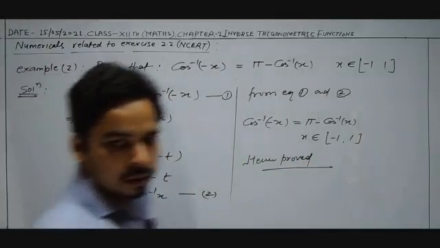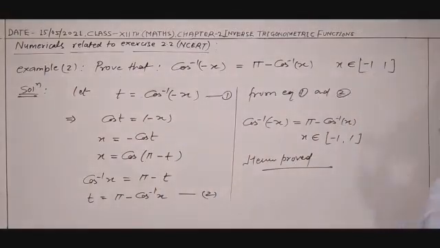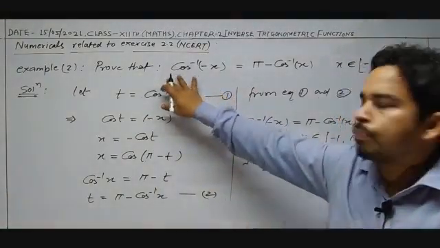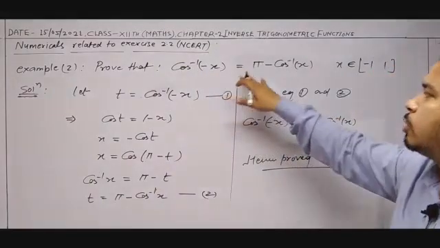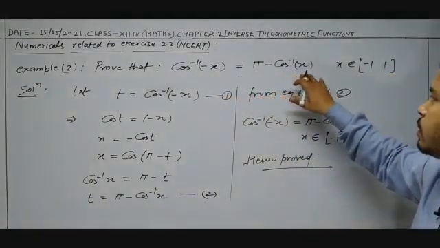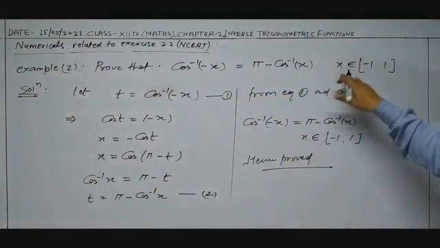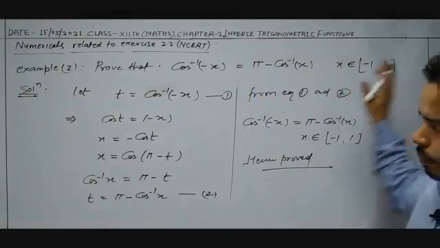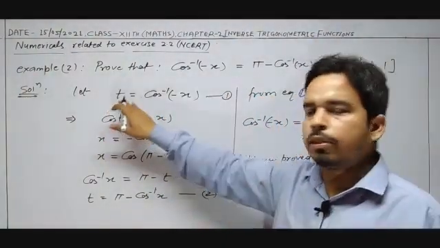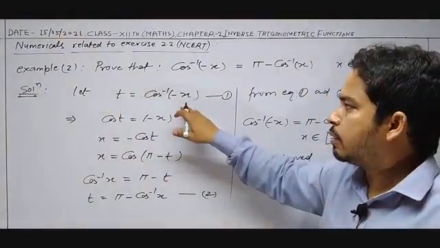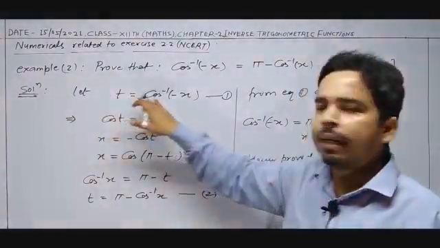So again, see the proof. You have to prove that cos inverse of minus x is equal to pi minus cos inverse x, such that x belongs to minus 1 to 1 in closed intervals. Let us consider t is equal to cos inverse minus x. So you can operate cos on both sides.